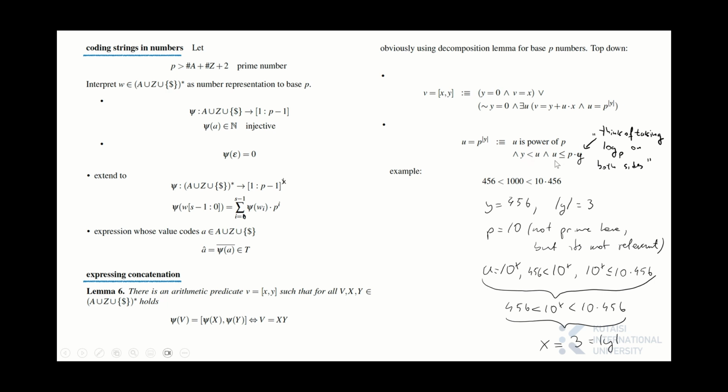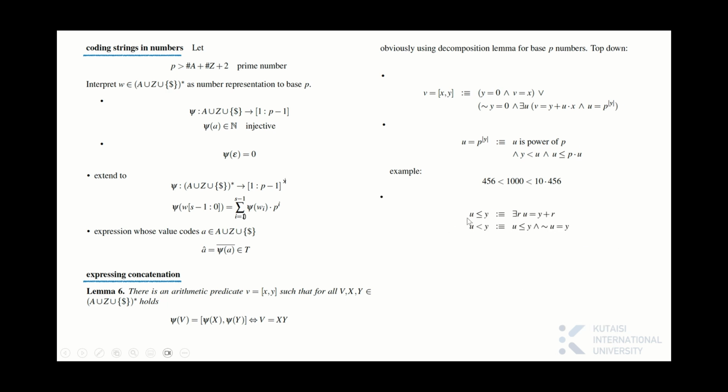So how do we write them? Very easy. You can see that u is less or equal to y is equivalent to saying that there exists some r such that u is equal to y plus r. In the same way, u is less than y is equivalent to u is less or equal to y, and u is not equal to y.